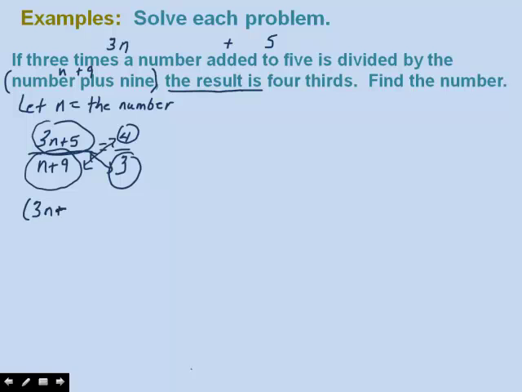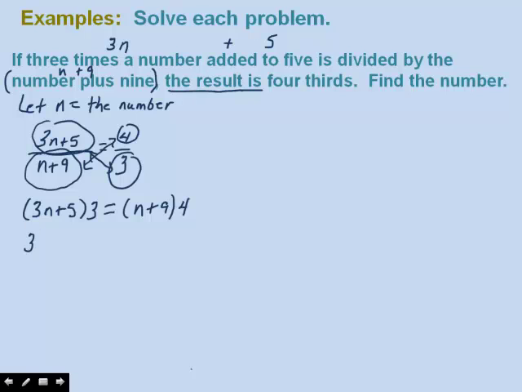With both the 3n plus 5 and the n plus 9, we need to put those whole expressions in parentheses because we're multiplying the whole thing times something else. So we have the 3n plus 5 in parentheses times the 3 is equal to the n plus 9, again in parentheses, times the 4.